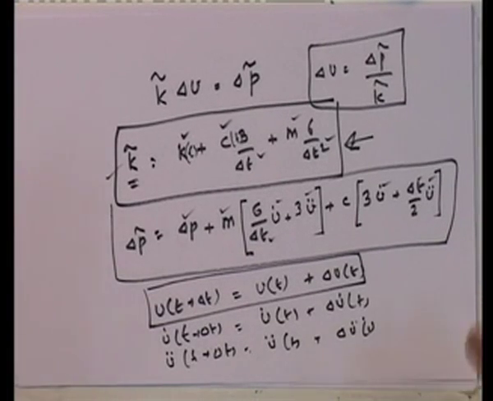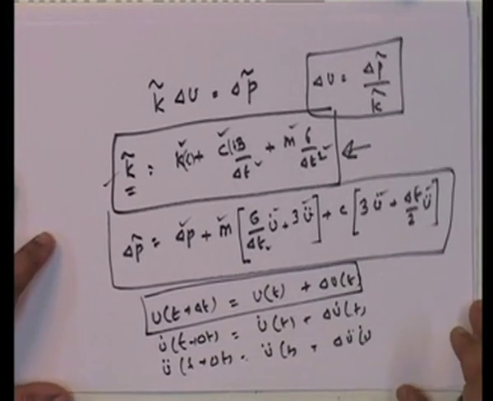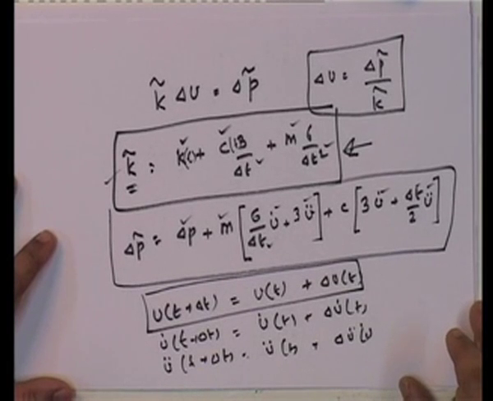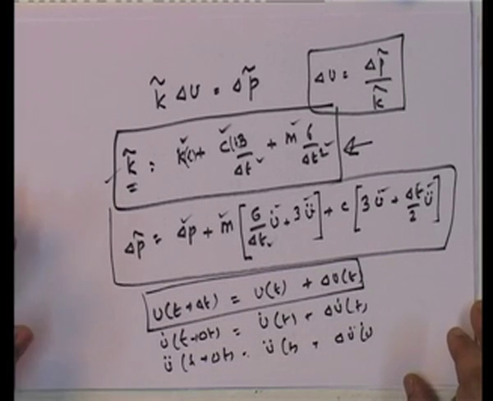In fact, these are the only methods that you can use when you have a nonlinear structure, where k and c are functions of v and v dot.